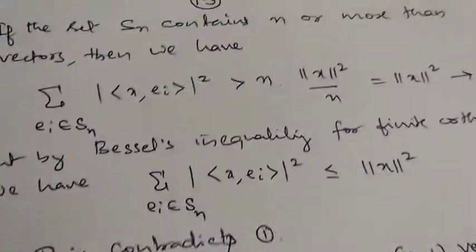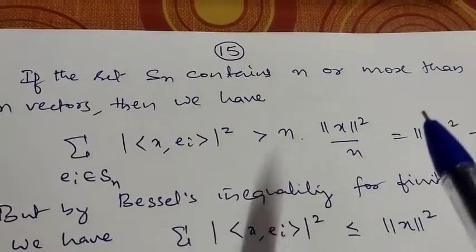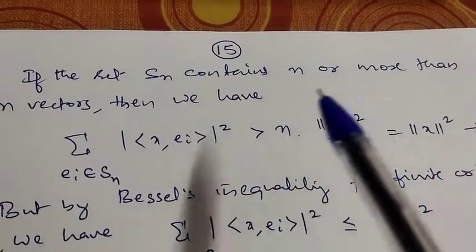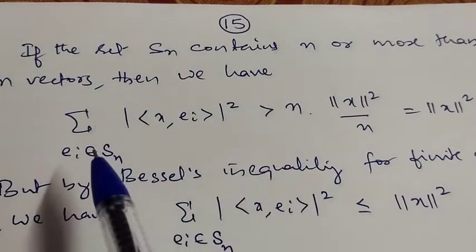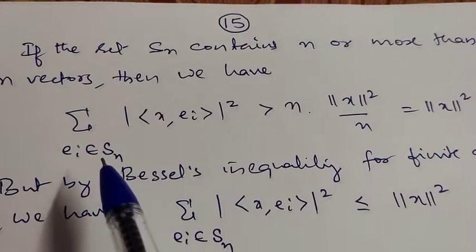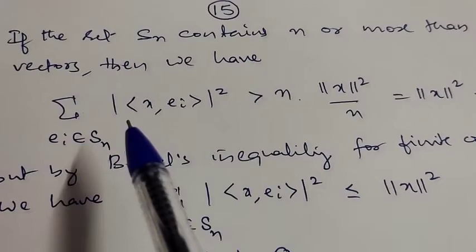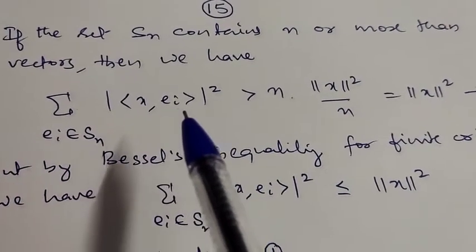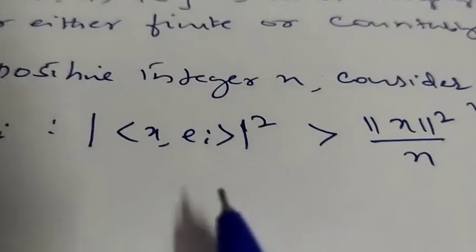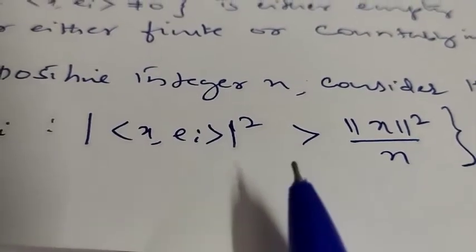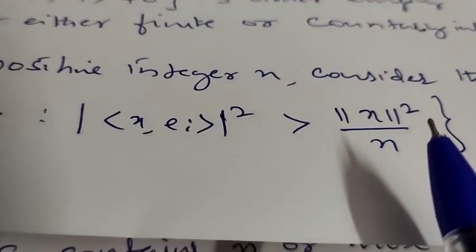Now if the set S_n contains n or more than n vectors, then what will happen? The summation over e_i belongs to S_n of mod of inner product of x comma e_i whole square is greater than... If you make a sum of this, it becomes n times this one.